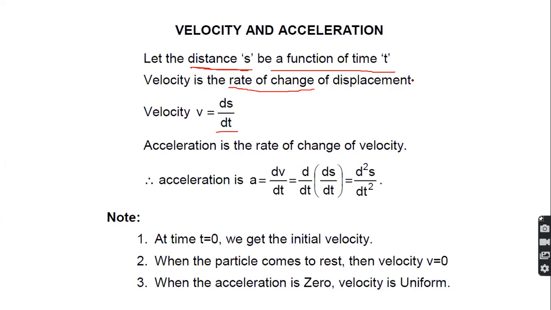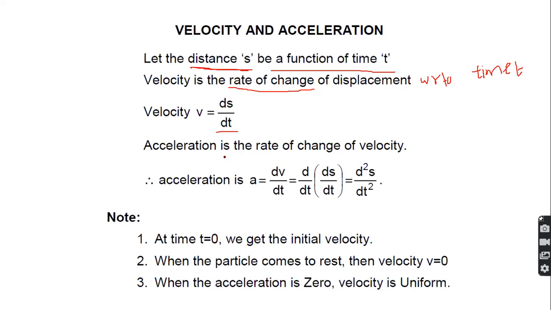Rate of change of displacement with respect to time t. So how can we write that? Velocity v equal to ds by dt. Already we have studied this thing. Just recap this point.